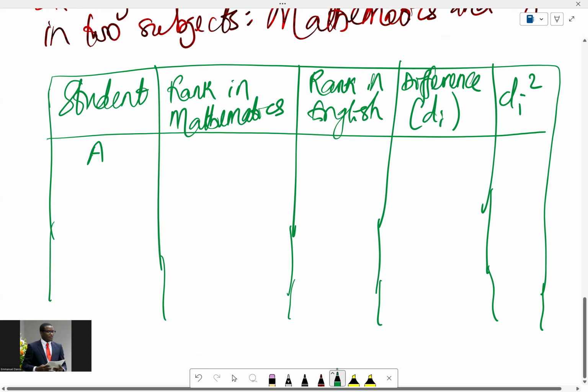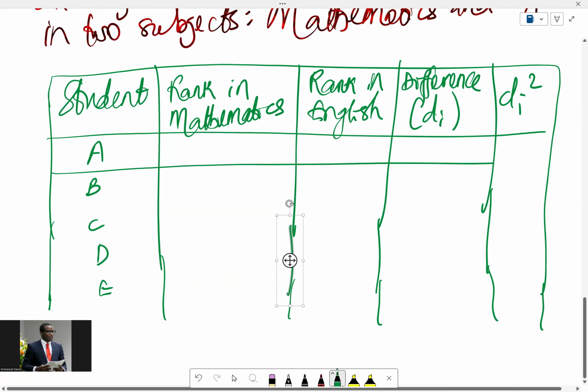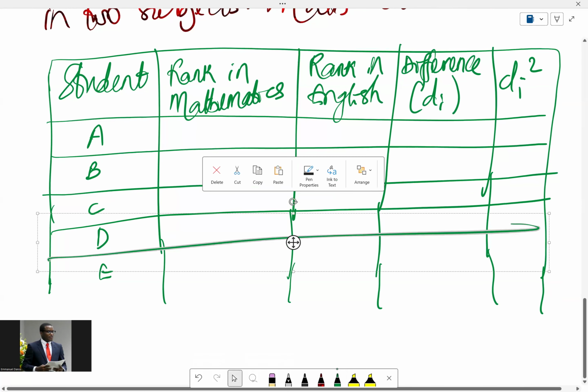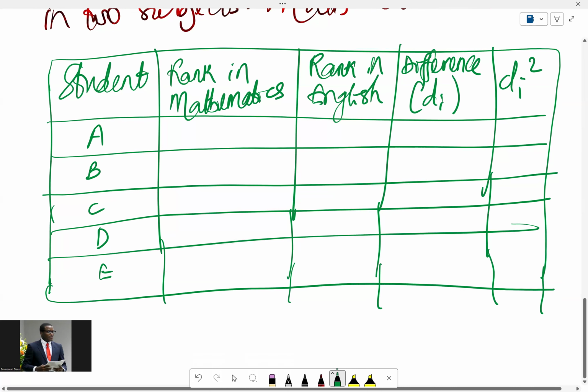So we have students A, B, C, D, and E. In an exam situation, you would just be given the first three columns: student, rank in math, and rank in English. The di and di squared are where the calculations should actually start from.